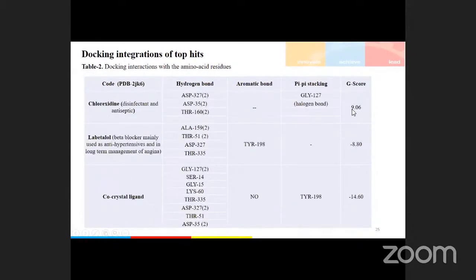This is minus 9, a typographical error. Then minus 8, and then this is the co-crystallized ligand. These are all the docking interactions exhibited by the top 5 hit molecules.